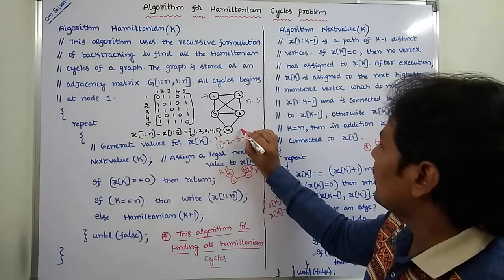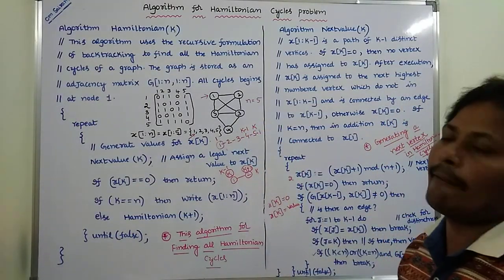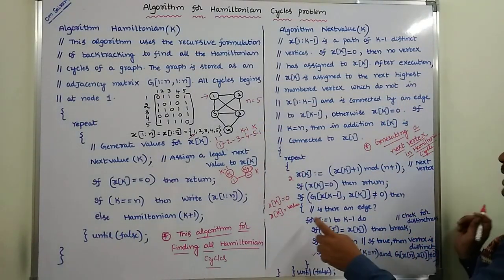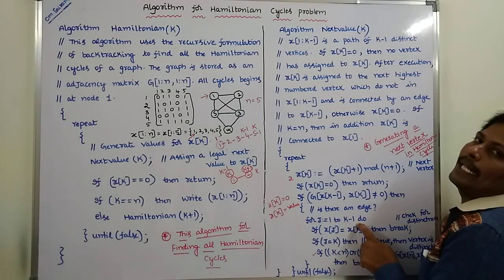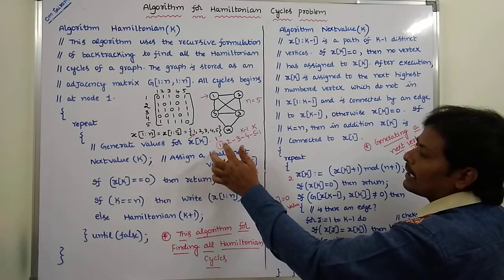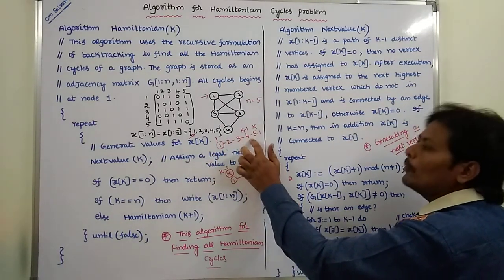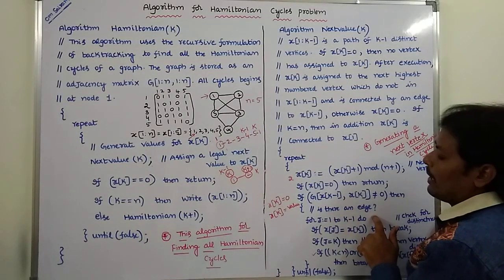So this is the k minus 1 value and this is the k value. Now we have to check for j is equal to 1 to k minus 1, where k is incremented from 1 up to 4, that is, k minus 1.